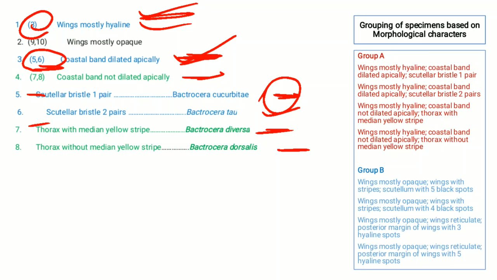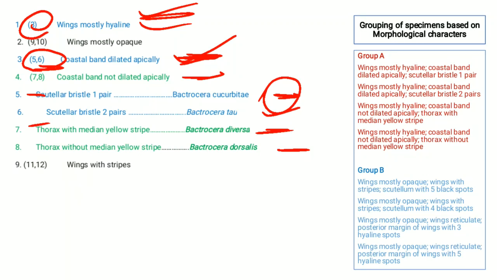So the color scheme that we have used in this presentation is also helpful in identification of the specimens, whereas if you are using a taxonomic key, there will be no color scheme. You will have to run the key forward or backward by using the numbers that are written in the parentheses or that are given in front of the taxonomic characteristics.